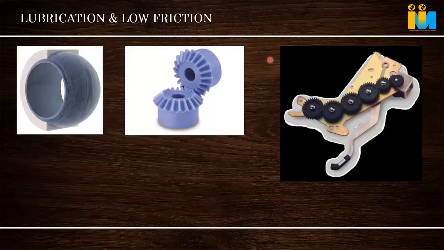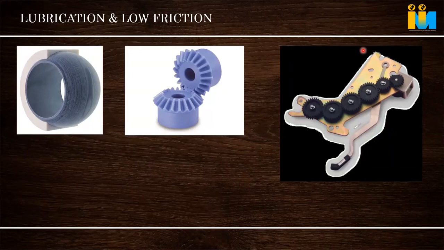A few more applications. This is lubrication and low friction application. Generally for low friction, continuous load applications, semi-crystalline materials are always better because amorphous materials have a tendency to accumulate stress and crack. Semi-crystalline materials also have a lower coefficient of friction.